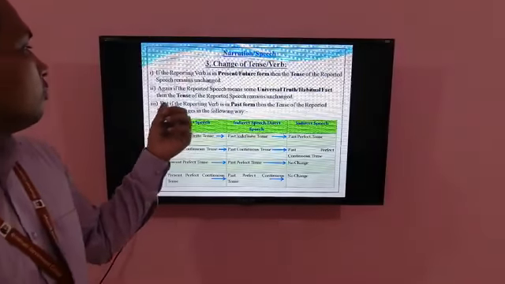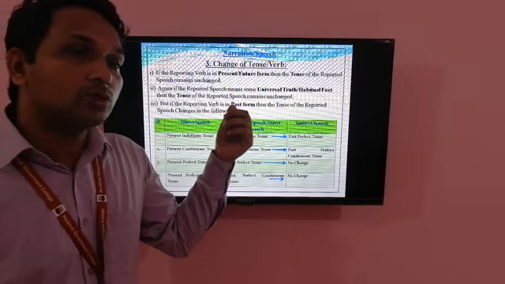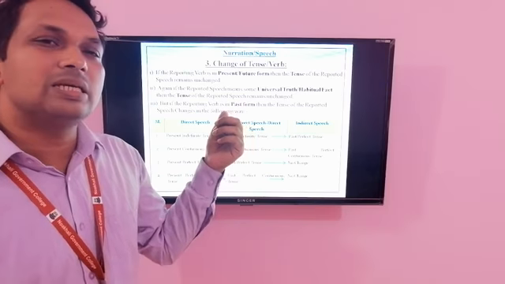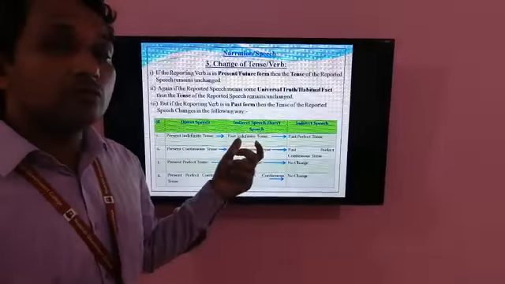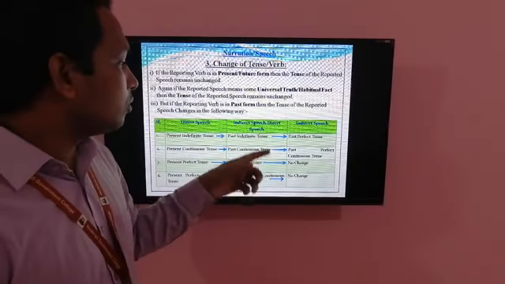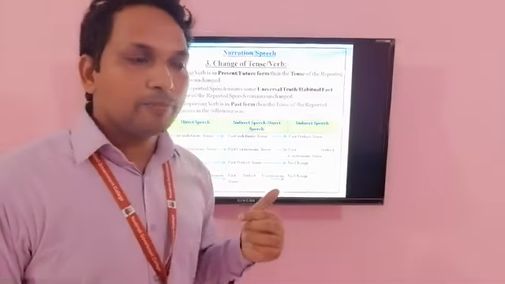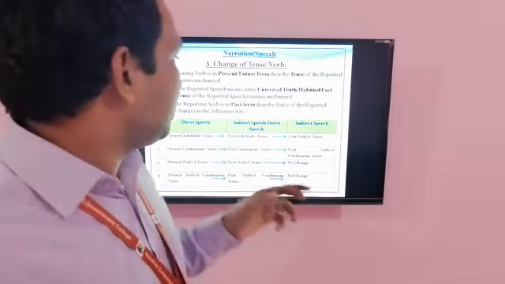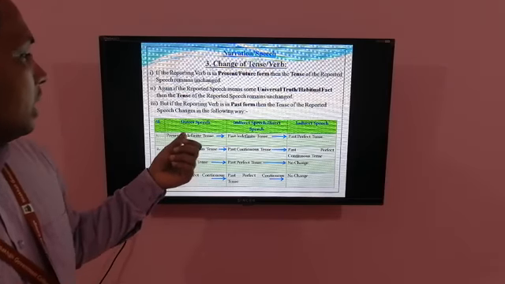Number 3, but if the reporting verb is in past form, in most cases the reporting verb is in past form, so in that case, we have to follow these rules, and according to these rules, we have to change the tense of the reported speech. All right. So let's read out the rules.